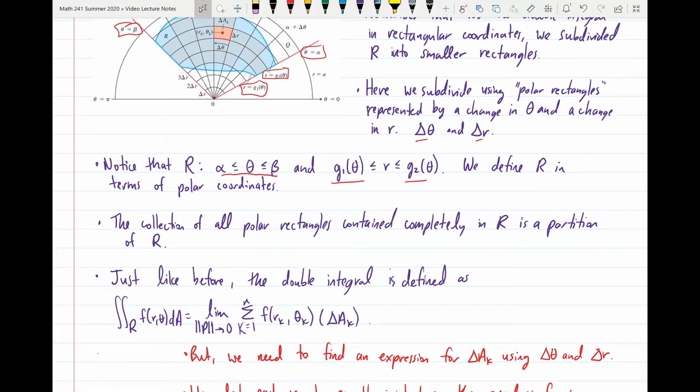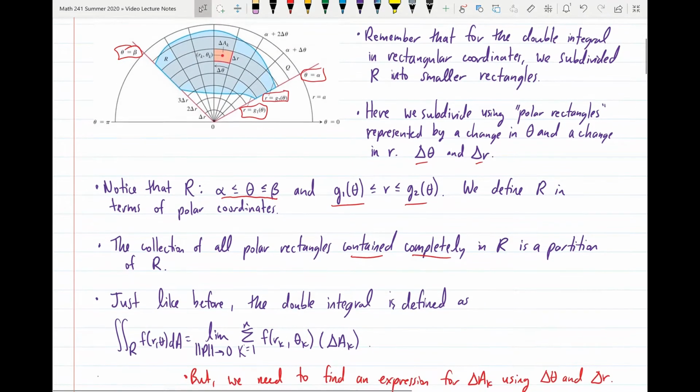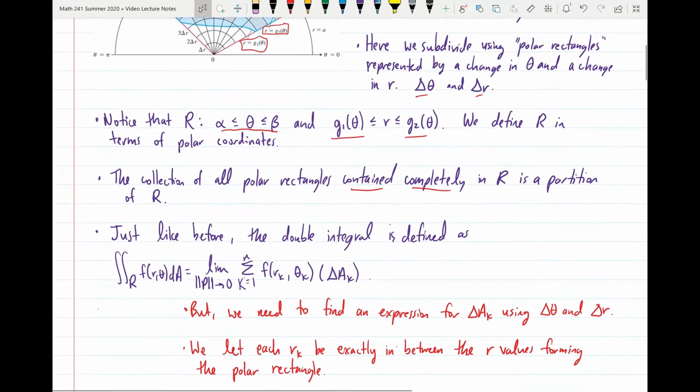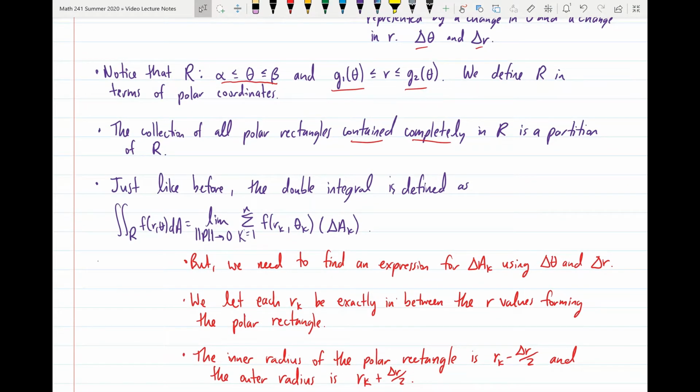And the collection of all of the polar rectangles that are contained completely in R, so this is what we said in section 15.2 as well, they have to be contained completely in R. That's going to be a partition of R, where the partition consists of these polar rectangles. And just like before, the double integral is going to be defined as the double integral of f of r theta over the region R is equal to the limit as the norm of that partition goes to 0 of the sum from k equals 1 to n of f of r sub k theta sub k times delta A sub k.